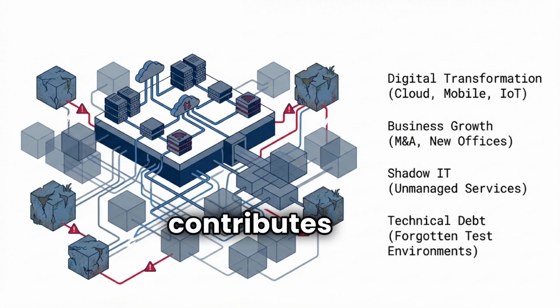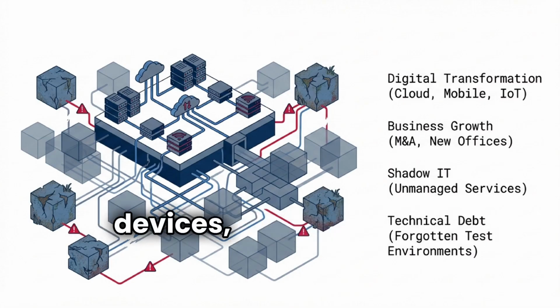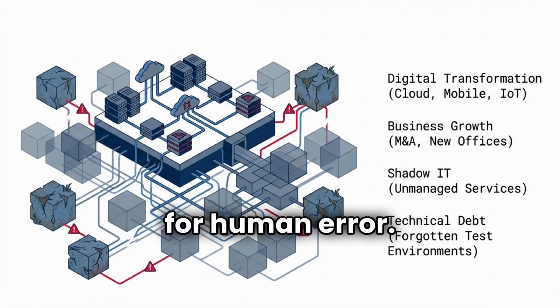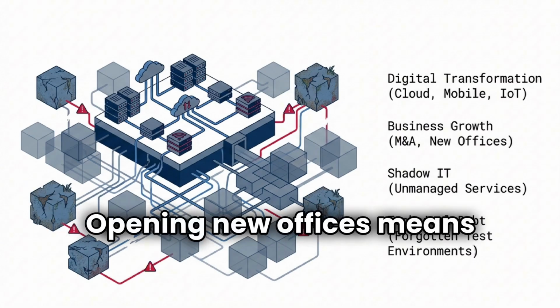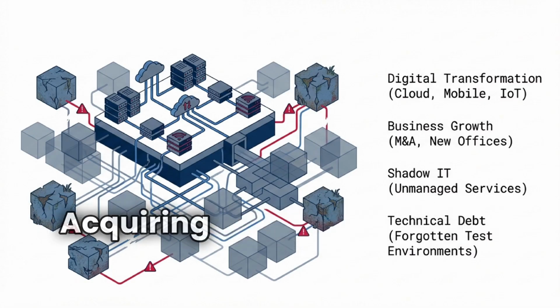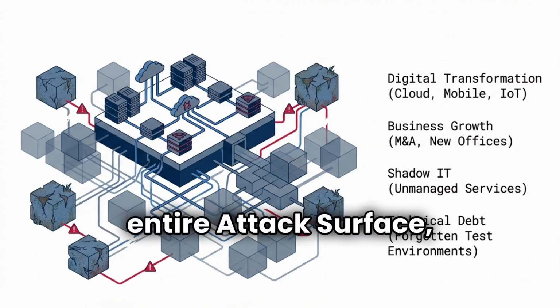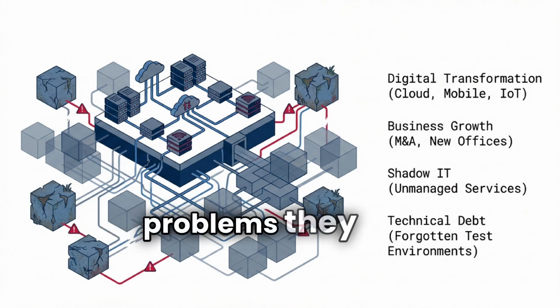Business growth contributes too. New employees mean more user accounts, more devices, more potential for human error. Opening new offices means more network perimeter, more physical locations to secure. Acquiring another company, you just inherited their entire attack surface, including whatever security problems they had.